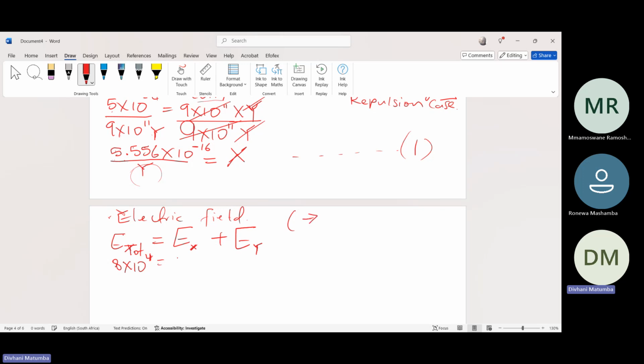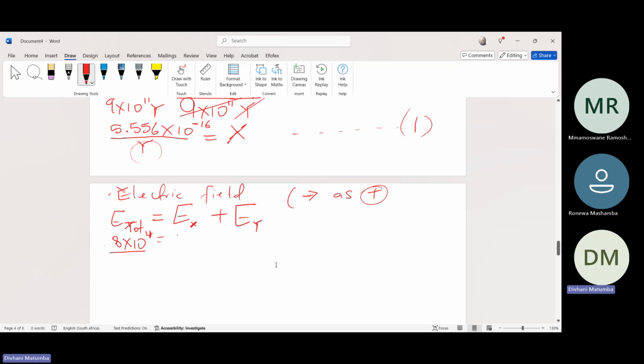So if I choose that direction as positive, I will have 8 times 10 to the power of 4 equals the first electric field, the electric field produced by X. If I assume that the two are in repulsion, I will say that kQx plus kQy over r squared.